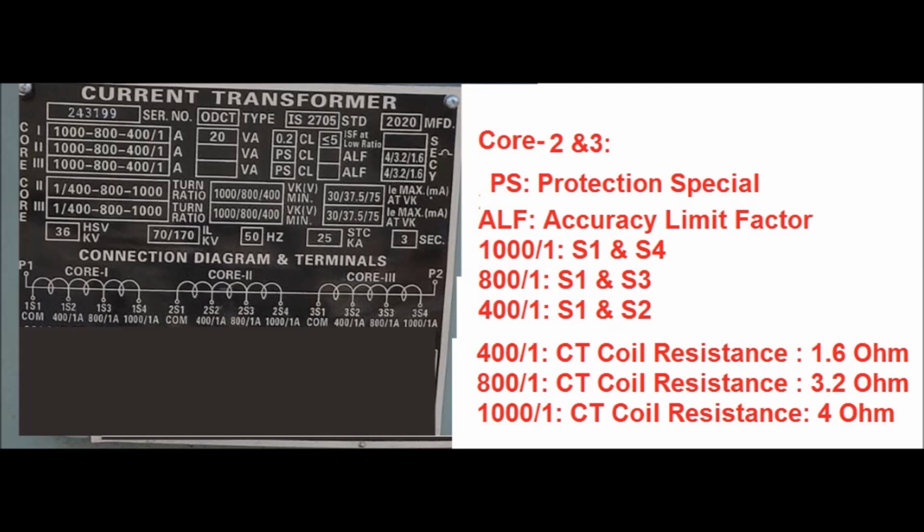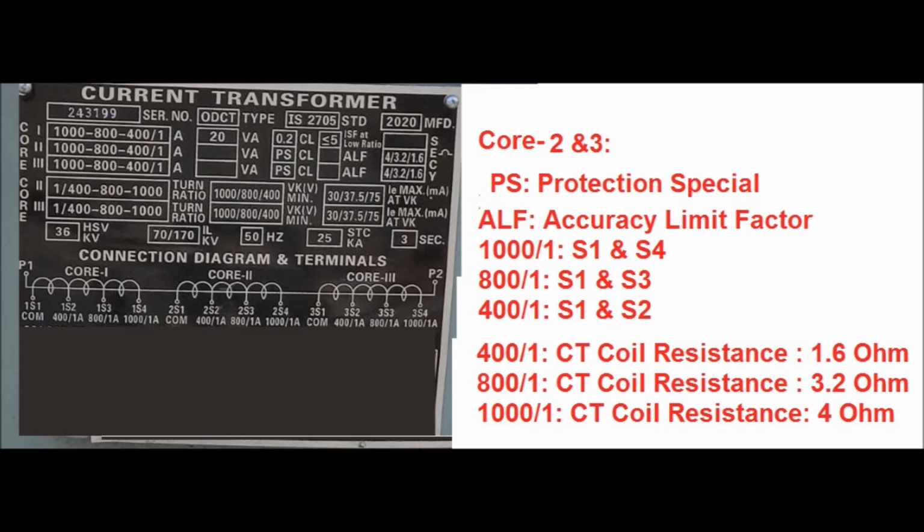We shall never change S4 and S1, or S3 and S1, or S2 and S1 for 1000/1 ratio, or 800/1 ratio, or 400/1 ratio. Otherwise the polarity will be reversed for each case. Now the resistance of the secondary CT coil is mentioned for each ratio.